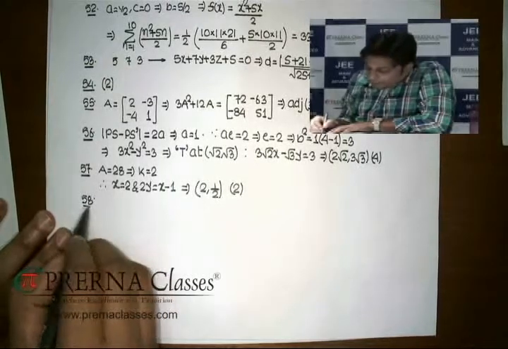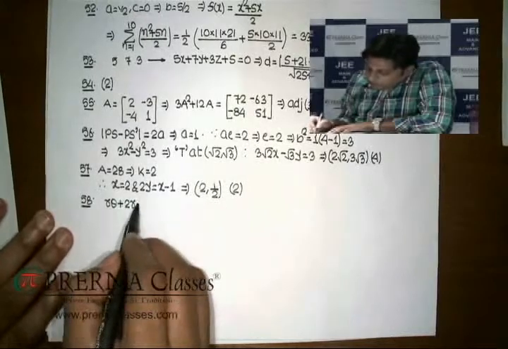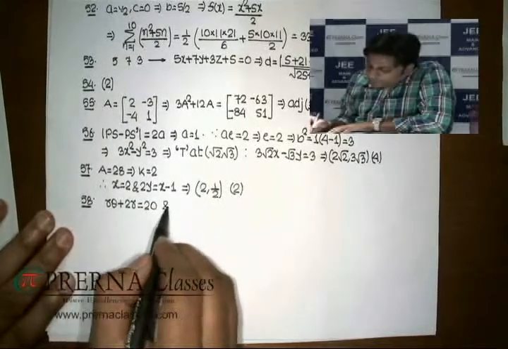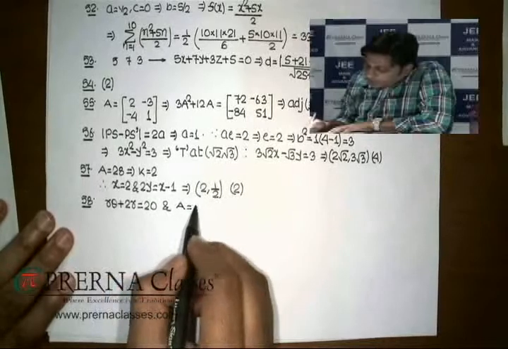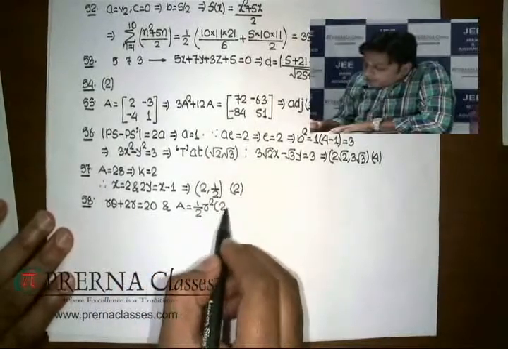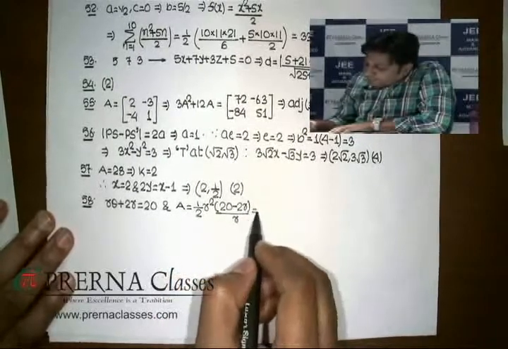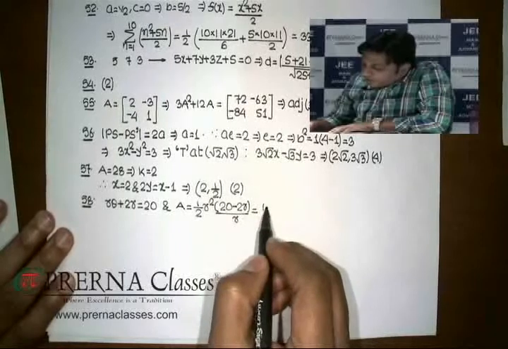Utilizing that perimeter part, we can write r theta plus 2r equals 20, and since we know that area is half r square theta, theta can be replaced by this quantity.